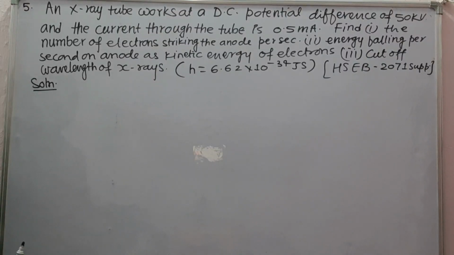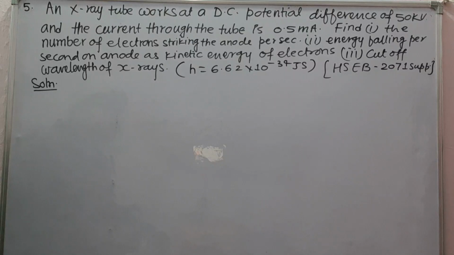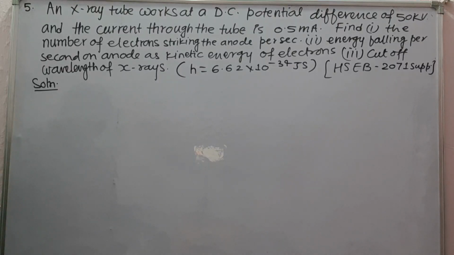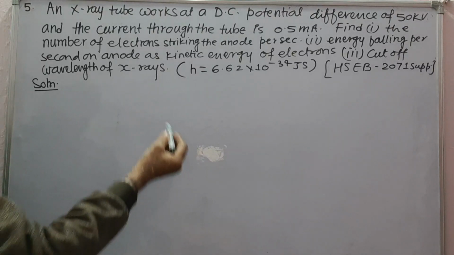Next question number 5. An X-ray tube works at a DC potential difference of 50 kilovolt and the current through the tube is 0.5 milliampere. Find the number of electrons striking the anode per second. Second part, energy falling per second on anode as kinetic energy of electrons. And third part, cutoff wavelength of X-rays.